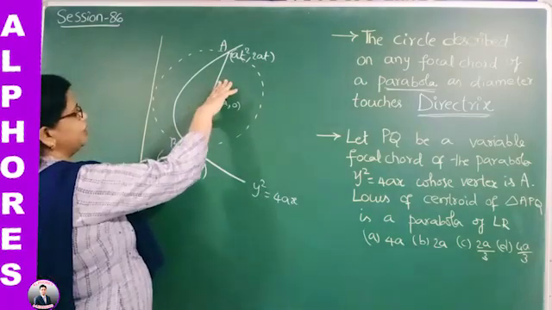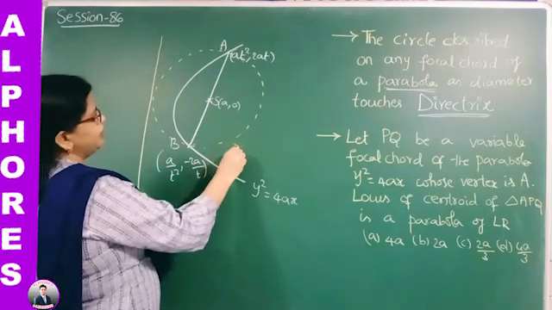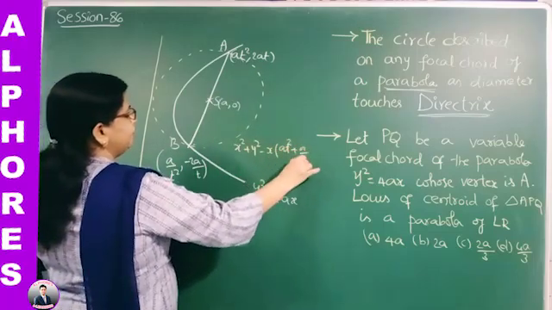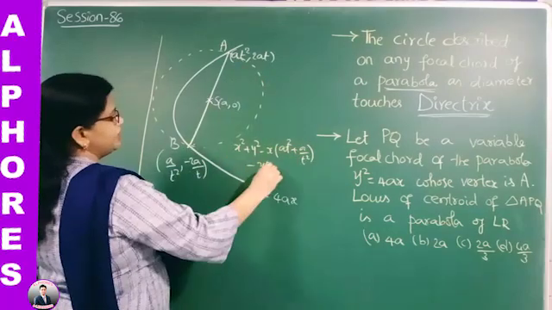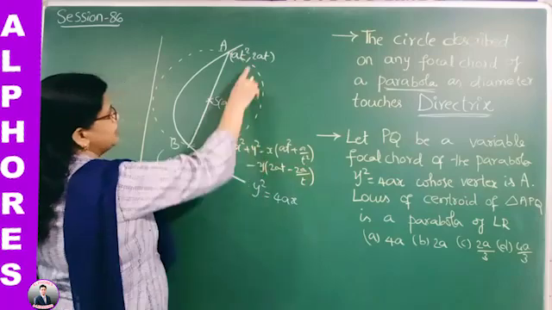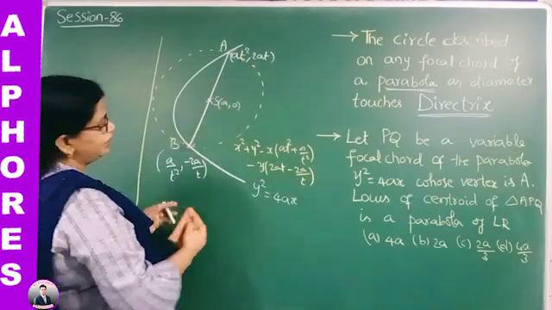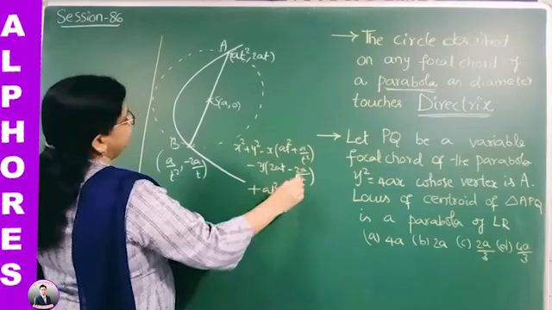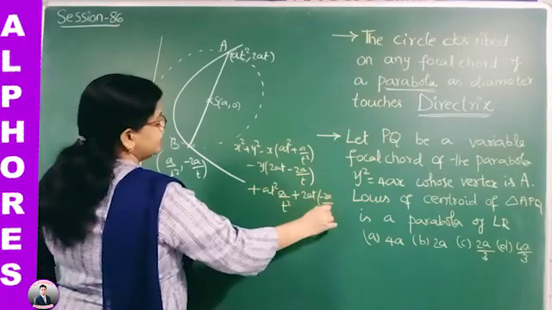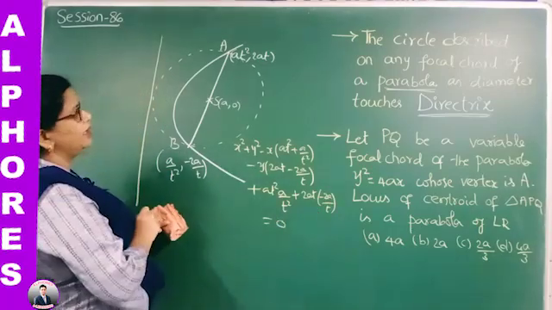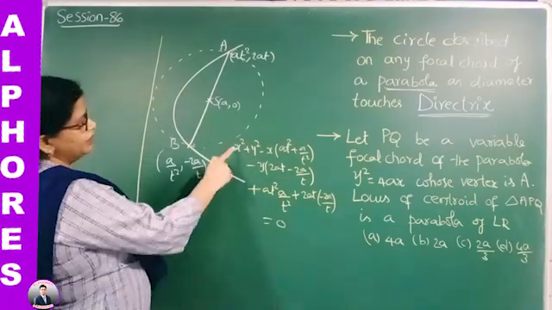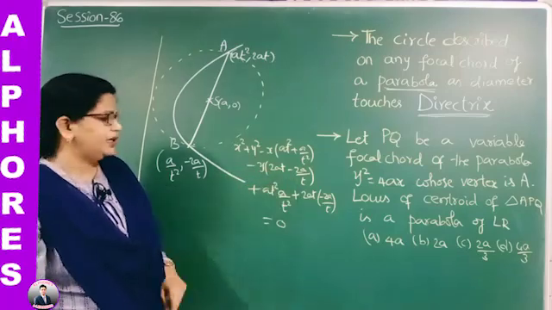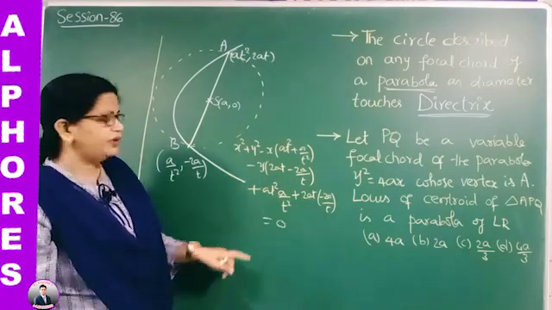One of the methods, students: we find x^2 + y^2 - x(sum of the abscissae, at^2 + a/t^2) - y(sum of the ordinates, 2at - 2a/t) + x1x2 + y1y2 = 0. So the equation of the circle is x^2 + y^2 - x(at^2 + a/t^2) - y(2at - 2a/t) + at^2 * a/t^2 + 2at * (-2a/t) = 0. This is the equation of the circle having these two as end points of the diameter: x^2 + y^2 minus x times the sum of the abscissae, minus y times the sum of the ordinates, plus the product of abscissae plus the product of ordinates equals 0.